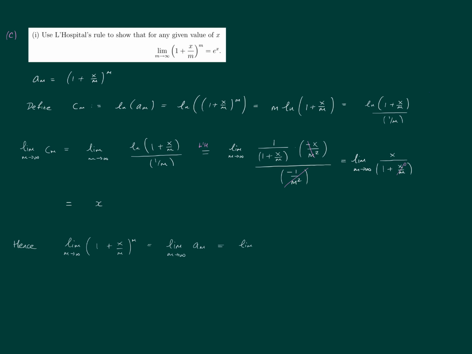Now if c_m was ln a_m, then a_m is e to the c_m. Now, using continuity, I can bring that limit up to the top, and this is going to be e to the limit as m goes to infinity of c_m, which is e to the x. Okay, so we've established the equality that we were asked for.